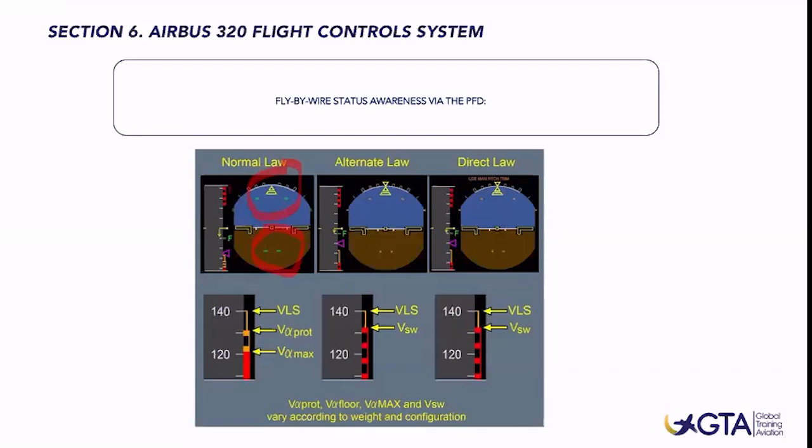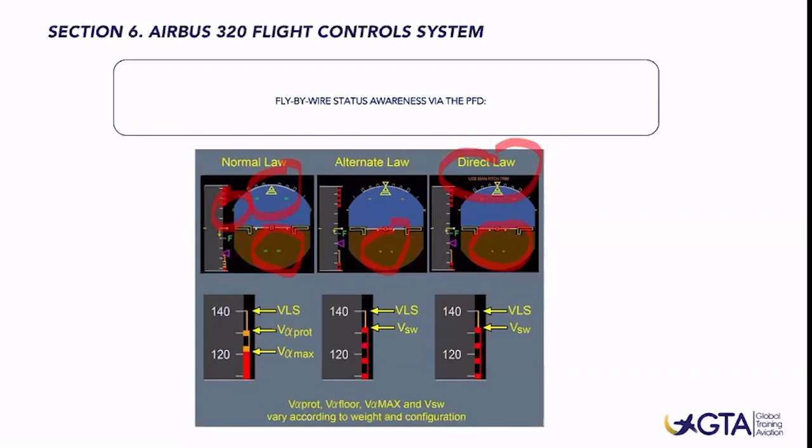Then we have the bank angle limitation, which is green dashes up to 67. But in alternate law, now we have these amber dashes, amber crosses. And if we are under direct law, now we will get, in this case, USE MAN PITCH TRIM and the amber crosses, which are giving an indication to the pilot, okay, heads up, be careful, because in this case, alternate or direct law, you are flying under no protections.